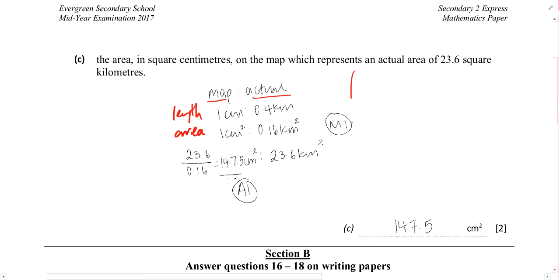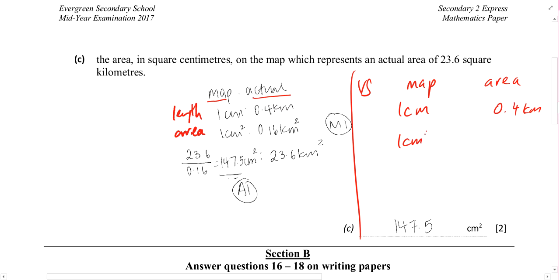Okay, this one versus map, area. 1 cm, 0.4 km, 1 square centimeter, 0.16 square kilometers.